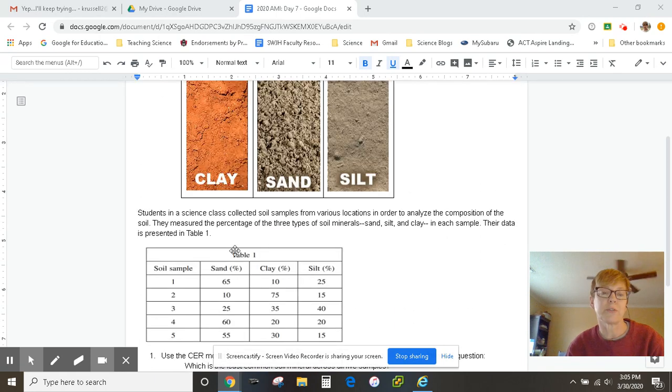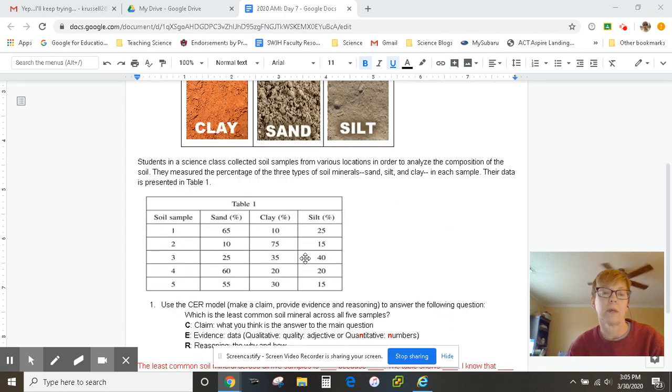So now it says, let's read it again. Students in a science class collected soil samples from various locations in order to analyze the composition of the soil. They measured the percentage of the 3 types of soil minerals, sand, silt, and clay, in each sample. Their data is presented in Table 1. So we've got 1 through 5 of soil sample.